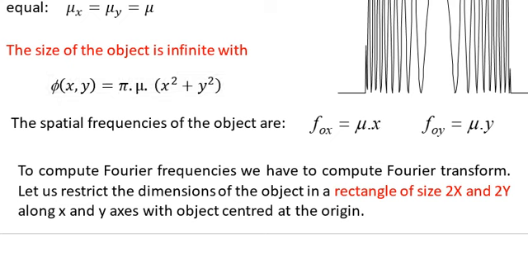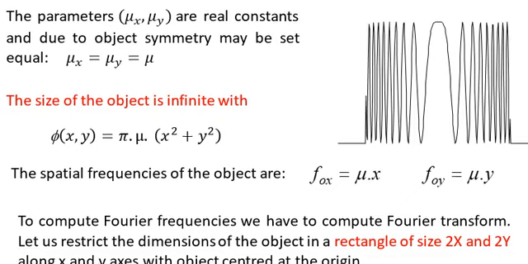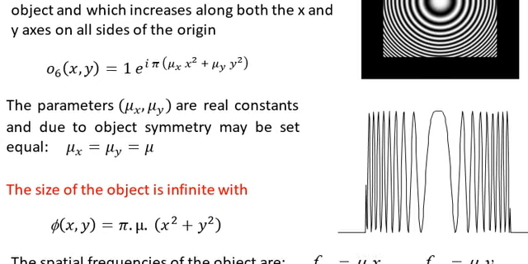According to the formula given in previous slides, the spatial frequency of the object along the x direction is equal to mu x, and along the y direction f0y is equal to mu y. Both these are equal, and this is also clear from the object, that the spatial frequency in both directions is the same.